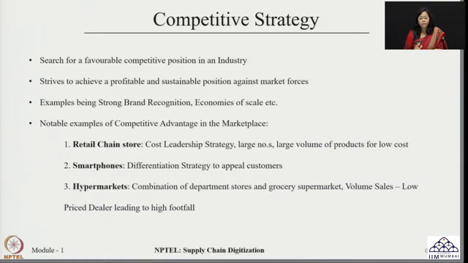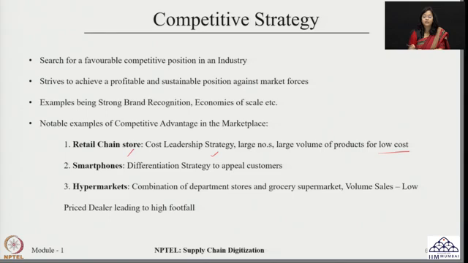So if we talk about the competitive advantage in the marketplace, let us try to understand it with different examples, how these examples demonstrate the competitive strategy with which they are working. If we talk about a simple retail chain store, and look into their strategy, the strategy they have adopted is a cost leadership strategy, which they are trying to fulfill by offering a large number of products and also a large volume of products, but these products are being offered at a low cost.